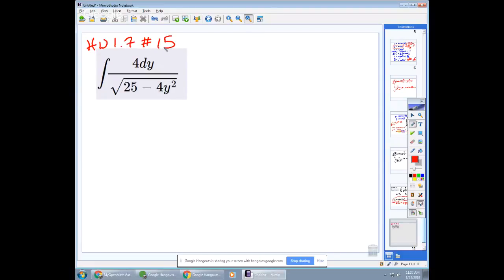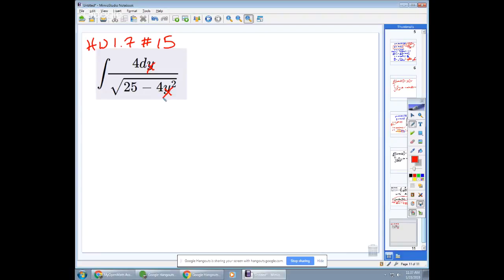All right, what does this look like? Well, you have a dy, so we could rewrite it with a dx, that's not a big deal. So if this was an x and that was an x, that would be okay. No, sine, not secant. Sine.